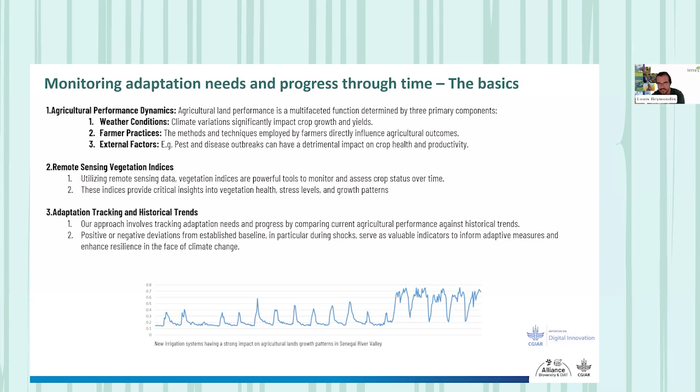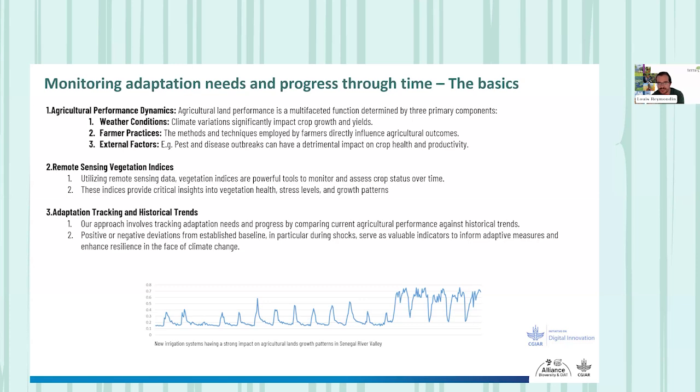Try to predict what the vegetation should be given what we've seen in the baseline, and look at positive or negative deviation between what we can really observe with the satellite and what was predicted by the model, in particular during shocks, so in particular during droughts and so on.